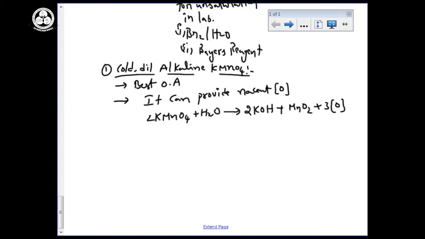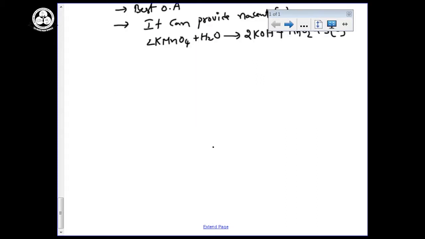Now our discussion is alkenes reacting with cold dilute alkaline KMnO4. I am taking the alkene CH2=CH2. I am adding cold dilute alkaline KMnO4, so it can provide the oxygens for us, and H2O, water, I am adding.